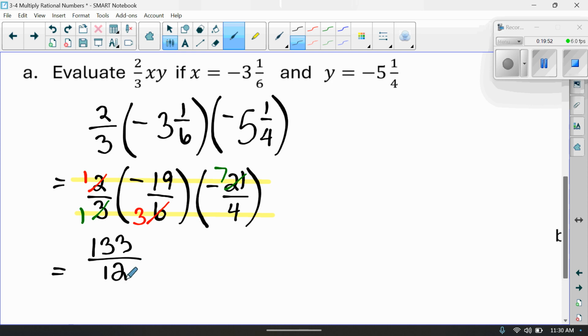Is everybody clear? Now we have to change this back to a mixed number. So we want to know how many times does 12 go into 133? 11 times? Because 12 times would be 144, right? So this is going to be 11 times. Now how many left over? We have 1 left over, so it's going to be 1/12.